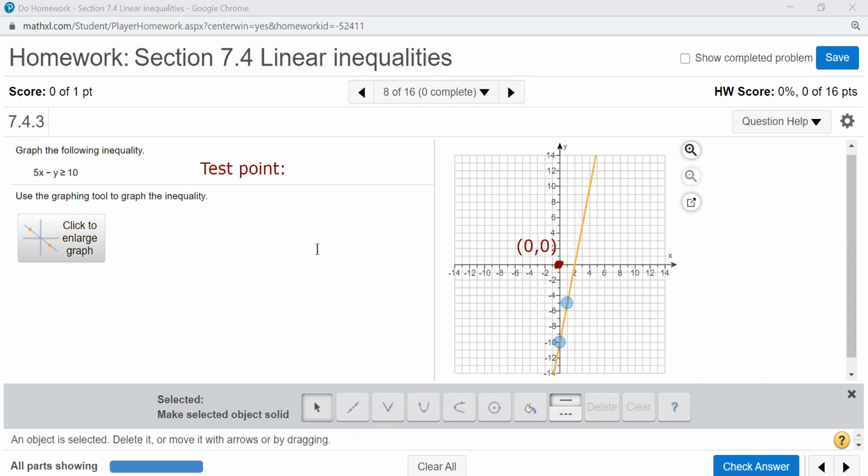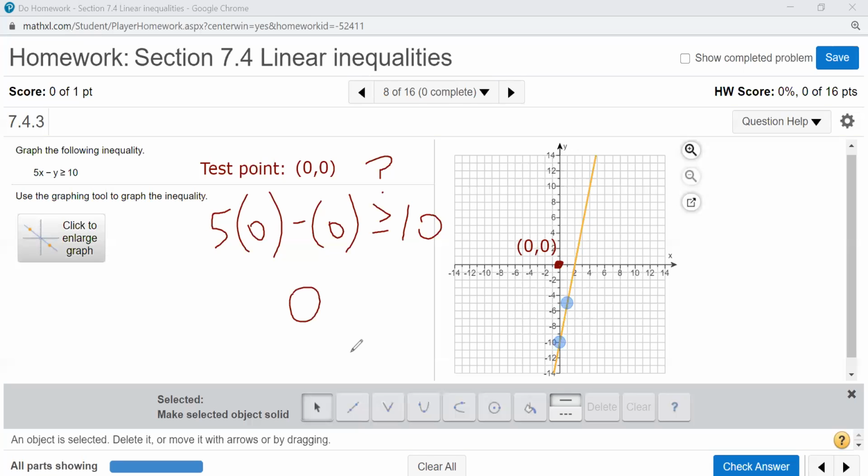I'm going to plug a 0 in for x and a 0 in for y. It doesn't matter if I get a true or false statement, that's still going to tell me which region to shade. I'm plugging in a 0 for x, because that's the x coordinate of the test point, and a 0 for y. And I'm asking, is this a true statement? And it won't be. 5 times 0 is 0.